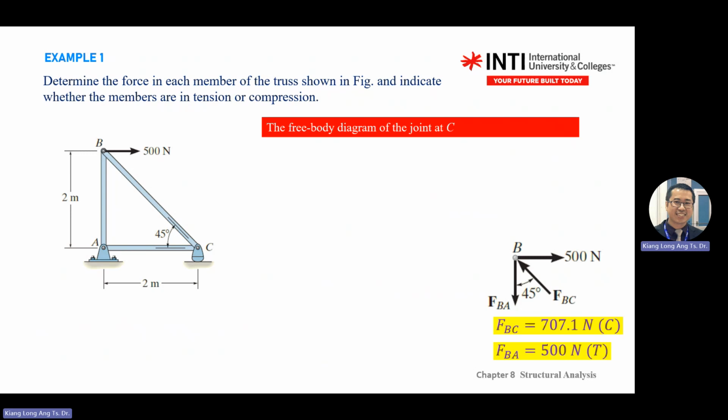CY. And then, there's one force here, which is force AC or CA. And then, member C is what?